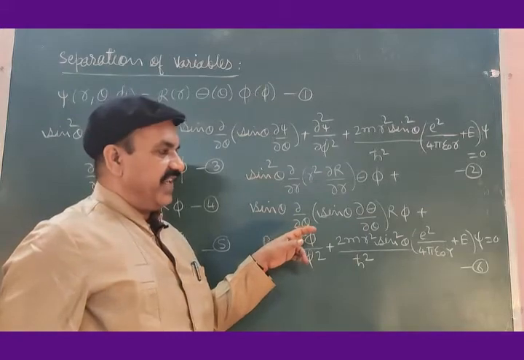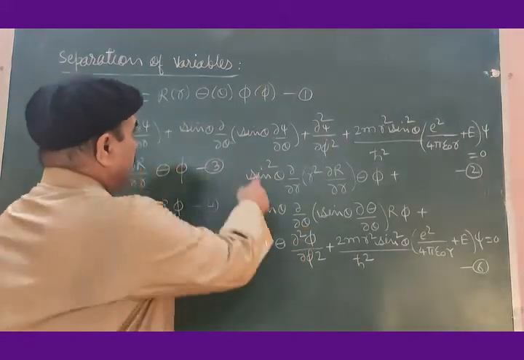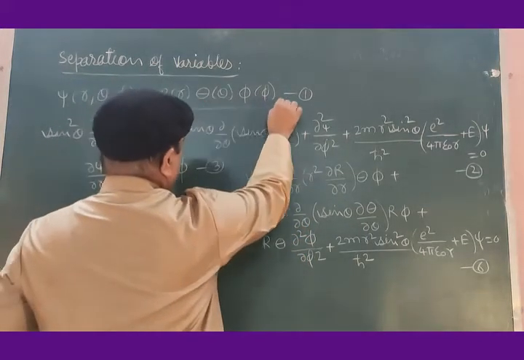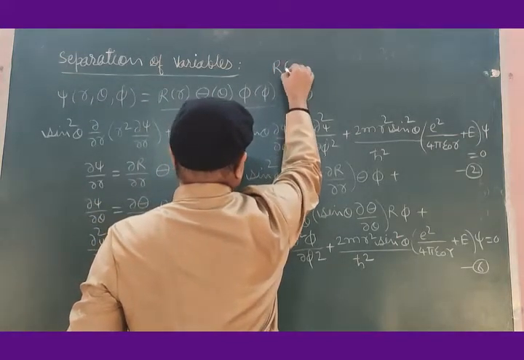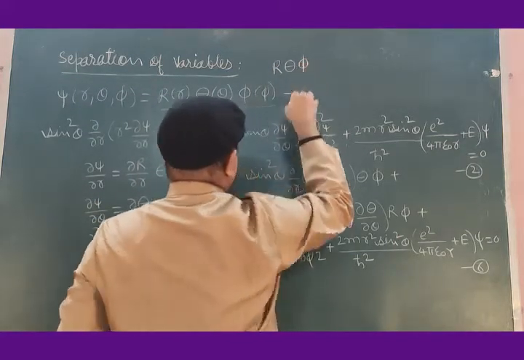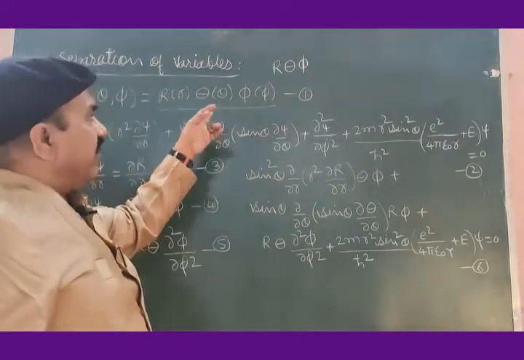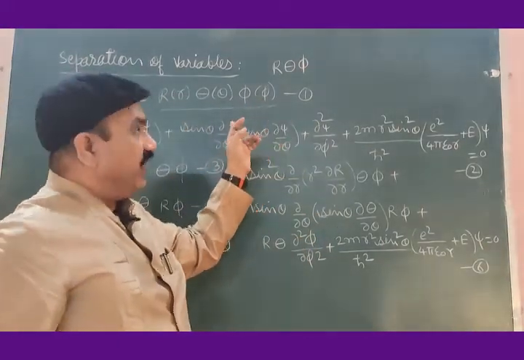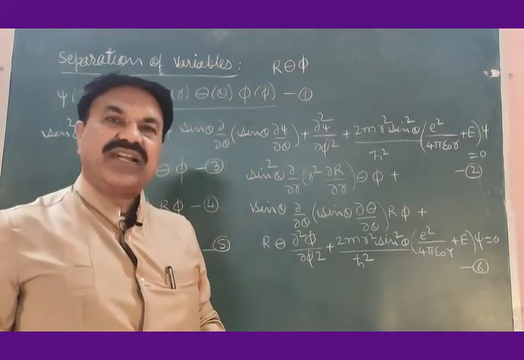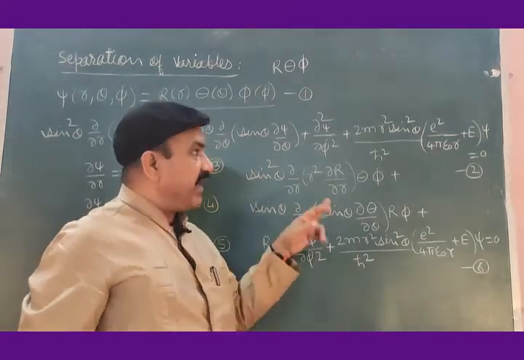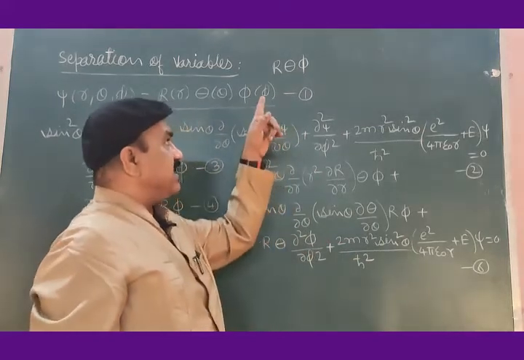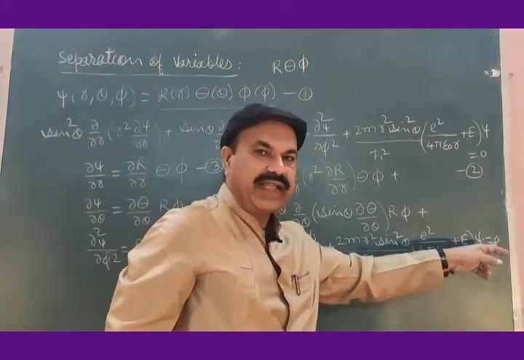Let us divide equation 6 by this one. Instead of writing R of r, Θ of theta, Φ of phi, we can simply write this as R Θ Φ. Divide equation 6 by R Θ Φ. This R Θ Φ is what? It is ψ.